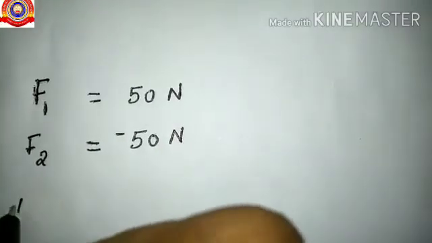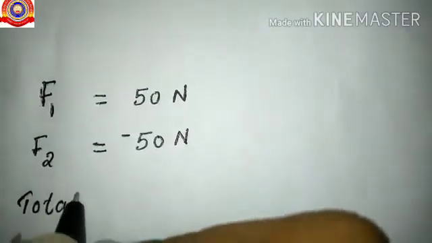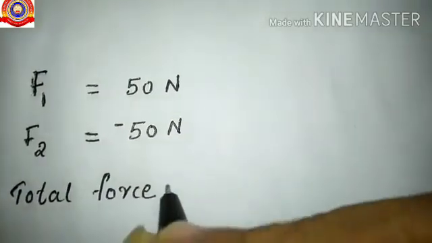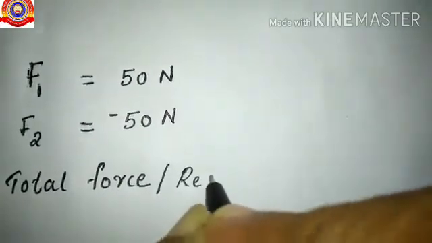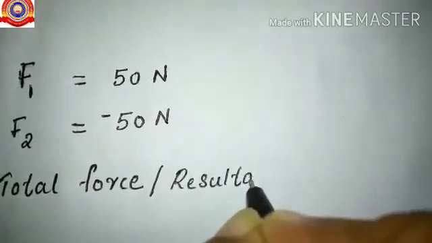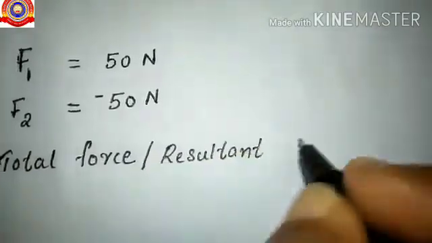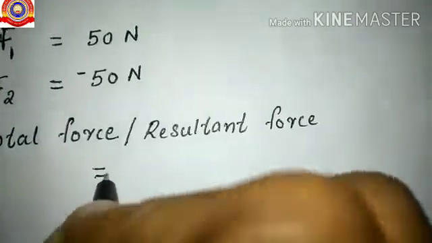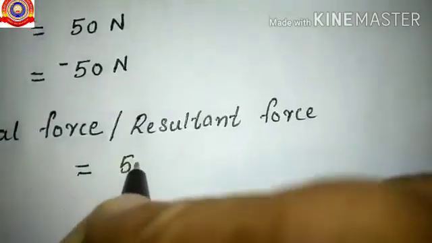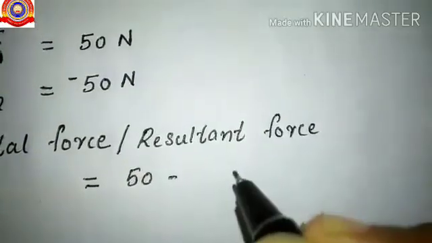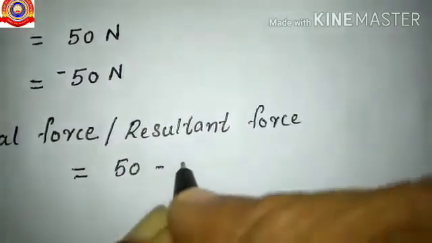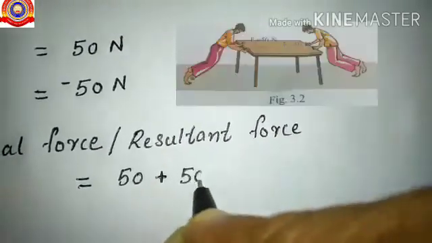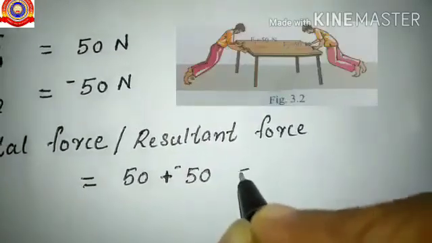So what is the total force? Total force or resultant force equals F1 plus F2, that is 50 Newton plus minus 50 Newton.